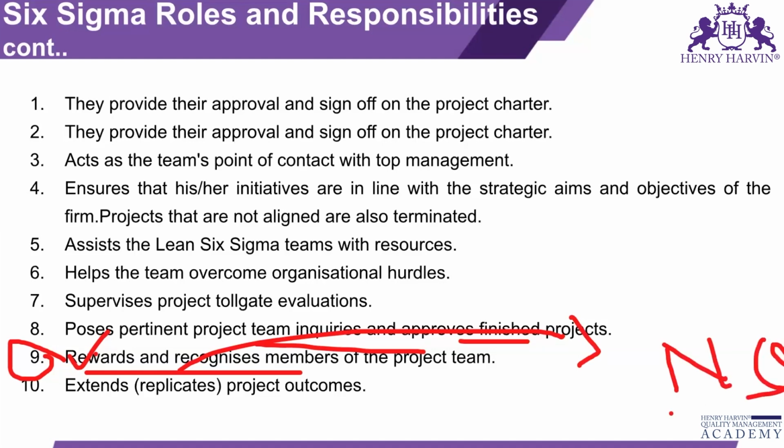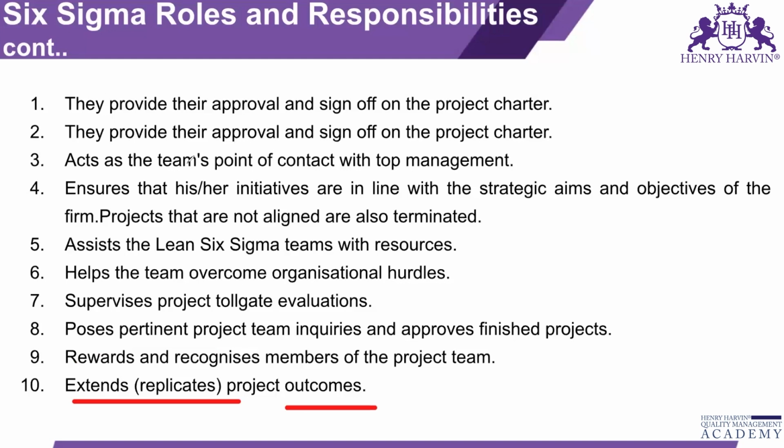That's how the entire cycle goes. The company has an award function in that month. Clear? They also extend replicates and project outcomes. Replicates means they might replicate previous successfully done projects, and they will try to enhance the overall project outcomes and achieve new benchmarks.